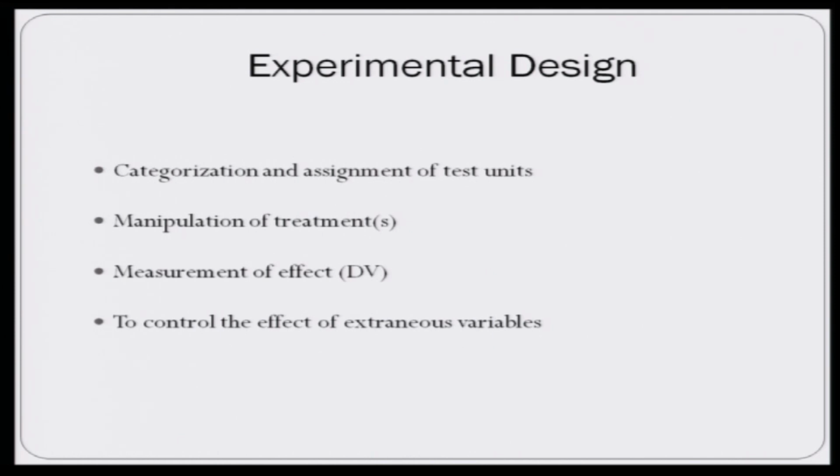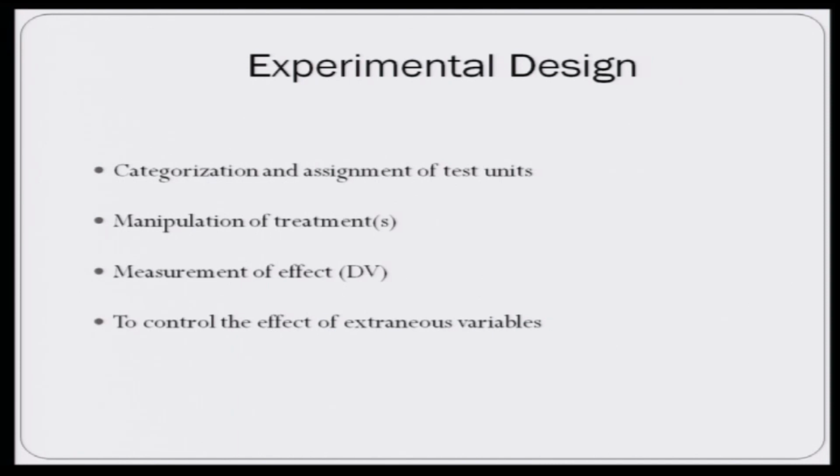Generally, in the design of experiments, the independent variable is in the form of categories, with different levels of that independent variable, and the test units are assigned to these different levels. Then there is manipulation of the treatment or the independent variable: how this independent variable is varied, or what the different levels of this independent variable are.